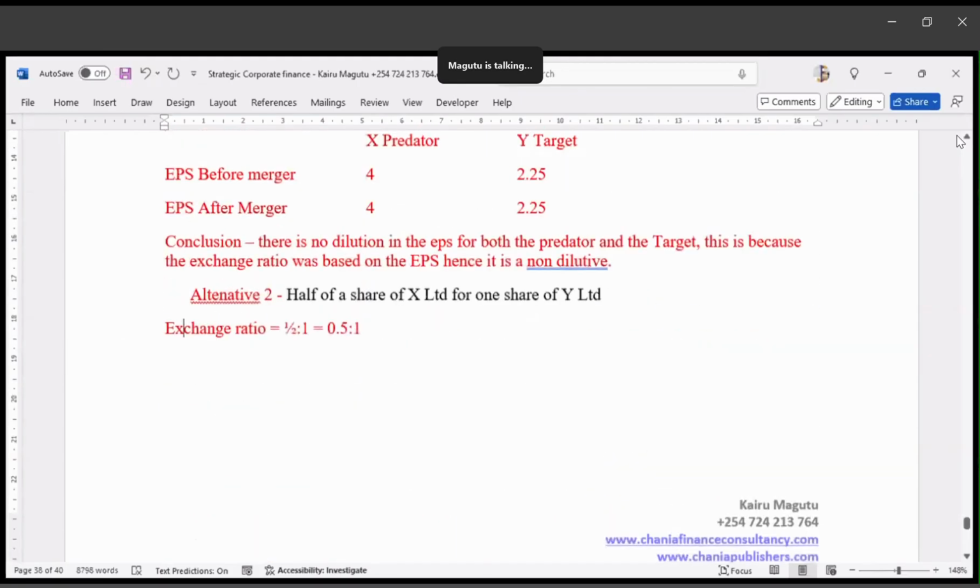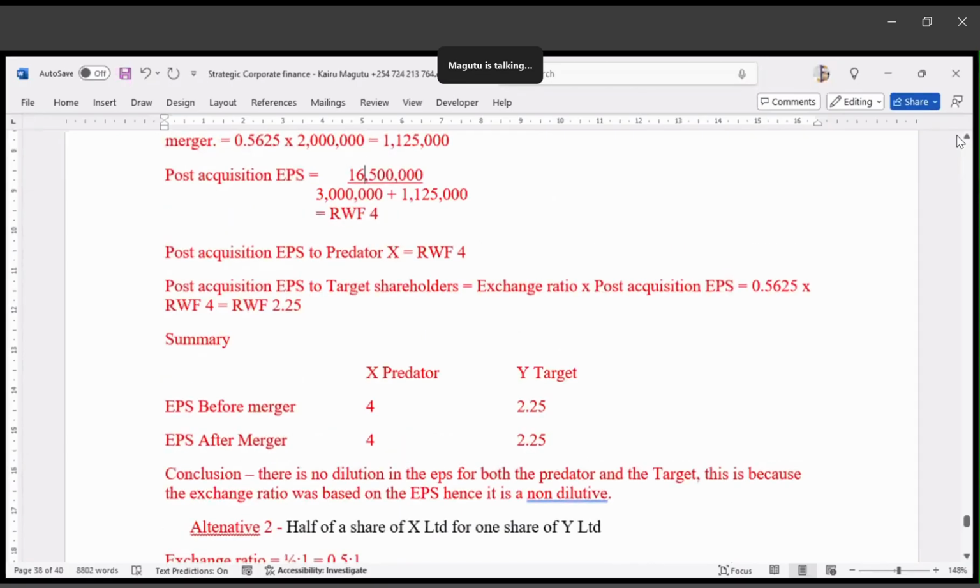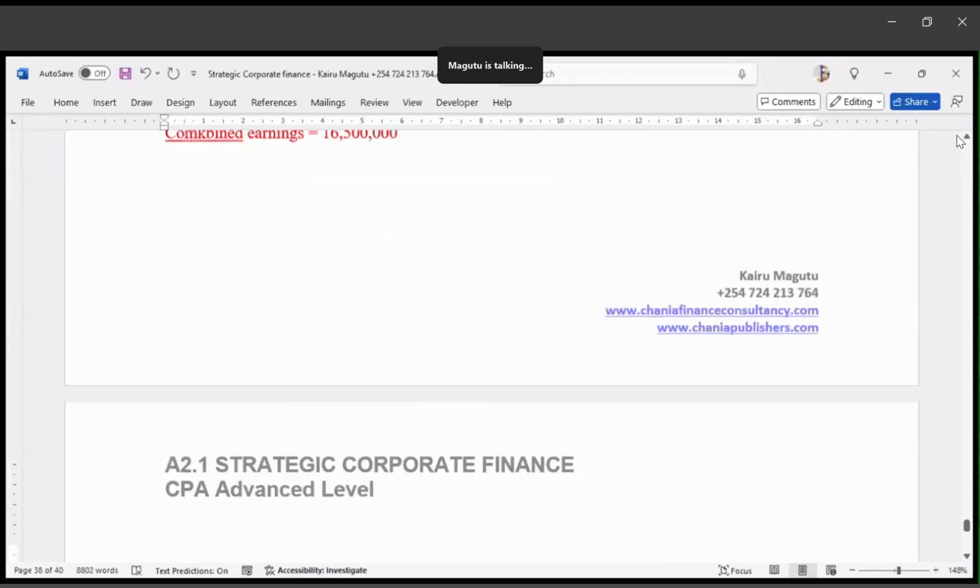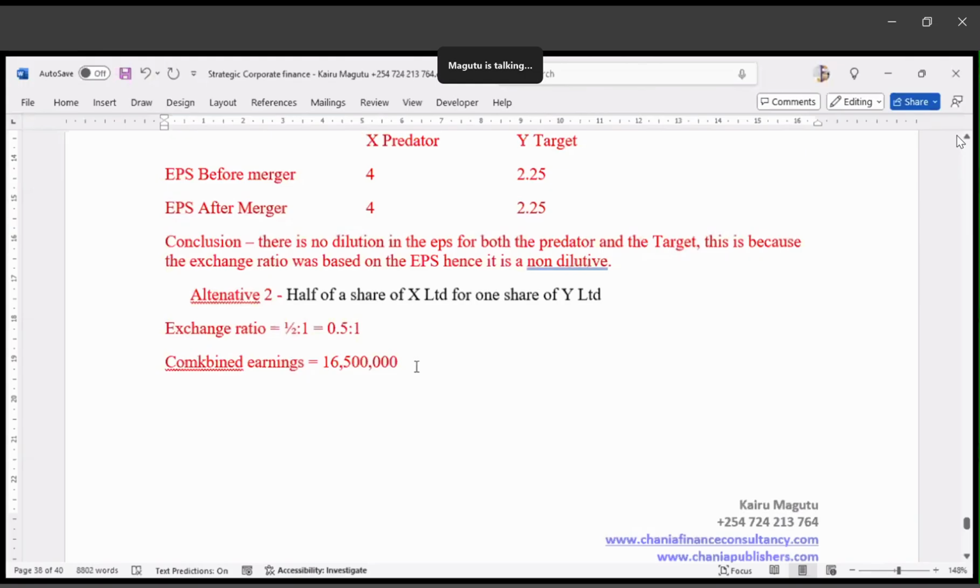So I'll say combined earnings remain at 16.5. Then we have number of shares to predator shareholders is equal to 3 million.